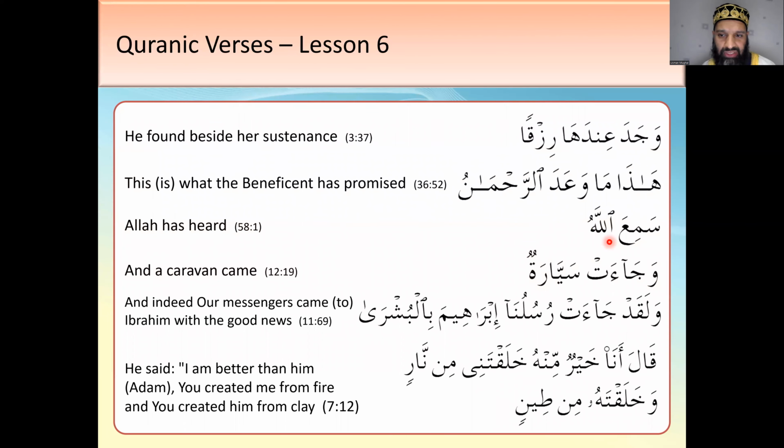Just this one again. Look, sami'a. Sami'a means he heard. And Allahu. So who's doing the hearing? Sami'a, you see a verb, then you want to see who's doing the verb. So look for the marfu word coming after it. And the marfu word doesn't necessarily have to be straight after it.